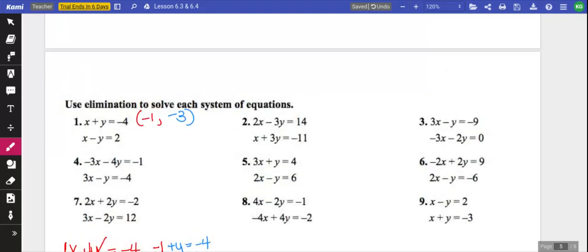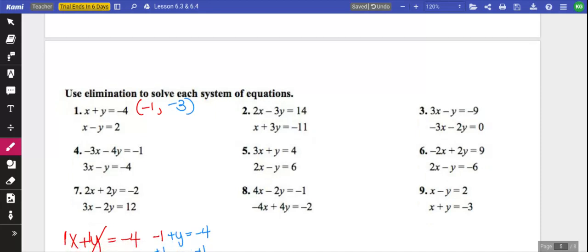So if I were to get number 1, both equations into y equals, and graph them, I would find the 2 lines crossing at negative 1, negative 3. If I were to have subtracted y from the first one and gotten x by itself, and then used substitution, I would have found the answers to be negative 1, negative 3. So any way you do it, you're going to get the same answers. There's just 3 different ways to solve it.